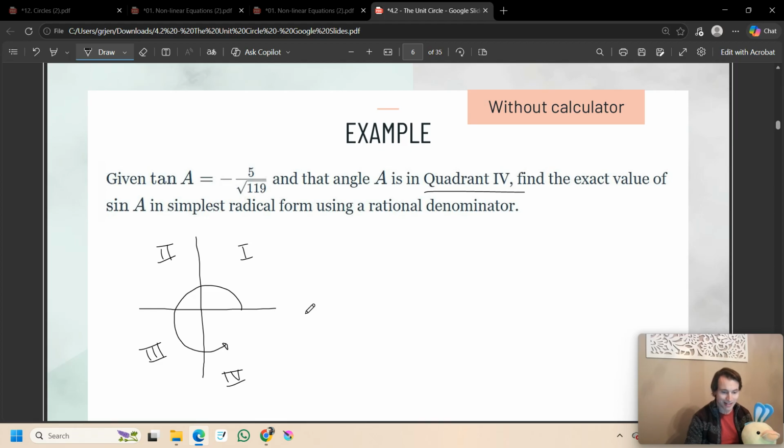And tangent is indeed negative in this quadrant, so that shouldn't surprise us. We're going to draw that on, put a little point on the end, and then call this angle A. And we know that tangent is equal to opposite over adjacent, which is a fancy way of saying the y value over the x value.